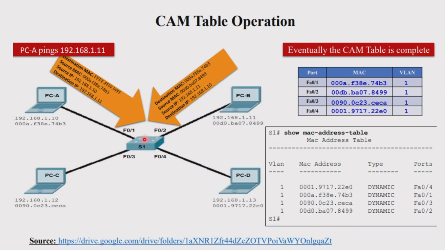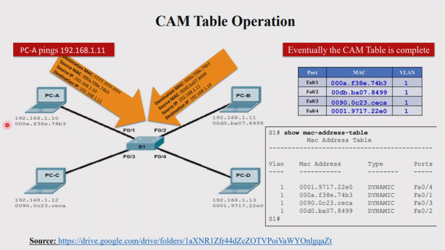Broadcasting means sending the packet to the other ports. It will directly send the packet to PCB, because the switch has learned the MAC address of both. It is like point to point communication. This is how the switch learns the MAC address of each interface.